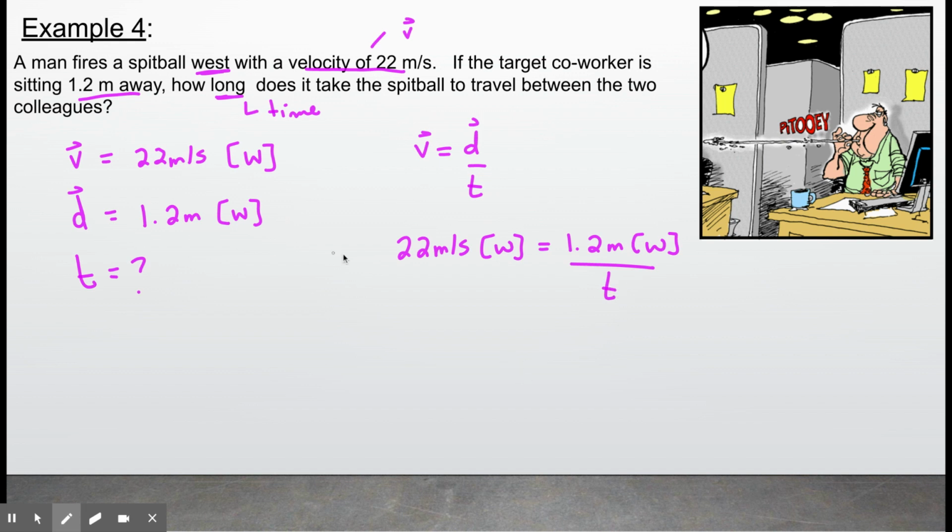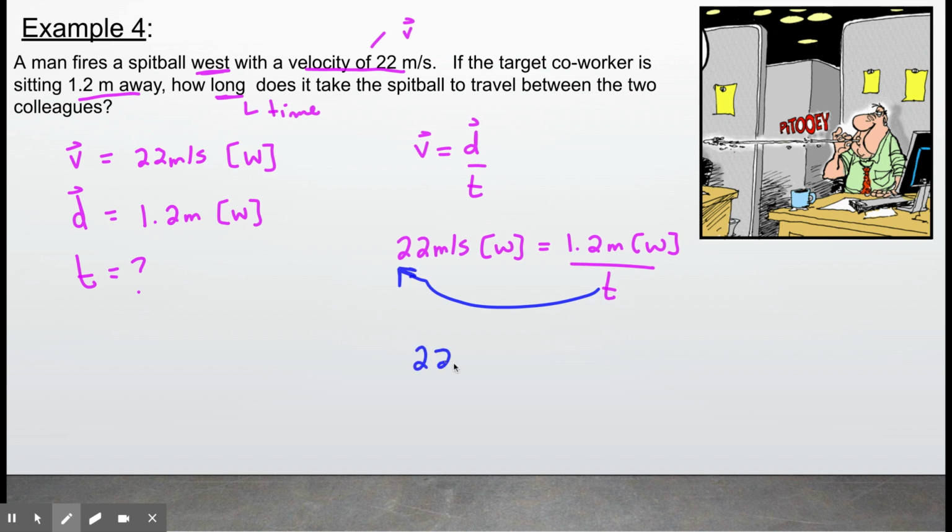I cannot solve for t when it is on the bottom of a fraction. So I actually have to move this t up to the other side. Mathematically, I do this by multiplying each side by t. If you want to just think about it, what you're doing is moving the t over to this side. Okay.